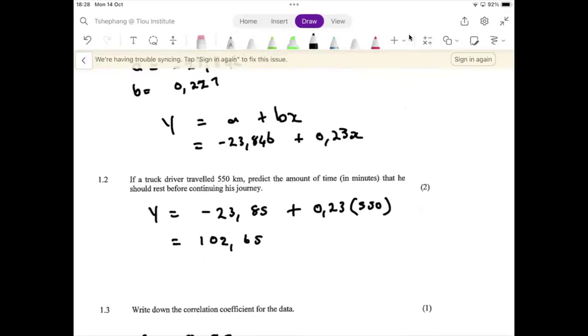Your final answer must in fact be corrected to decimal places. In 1.2 I used negative 23,85, corrected to decimal places. But before then, try to make it as accurate as possible. Okay, sir. Thank you so much.